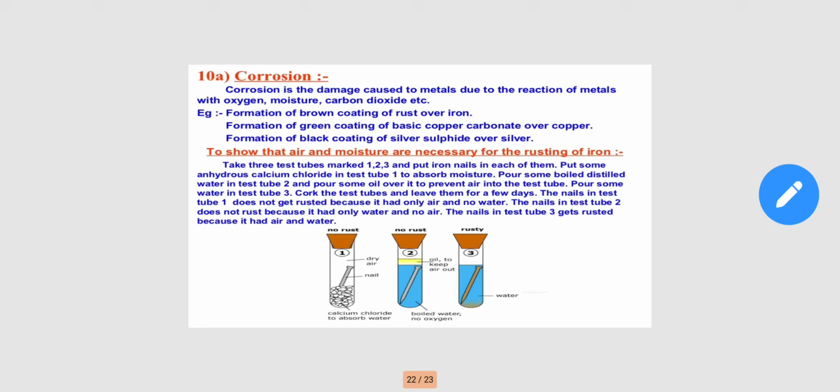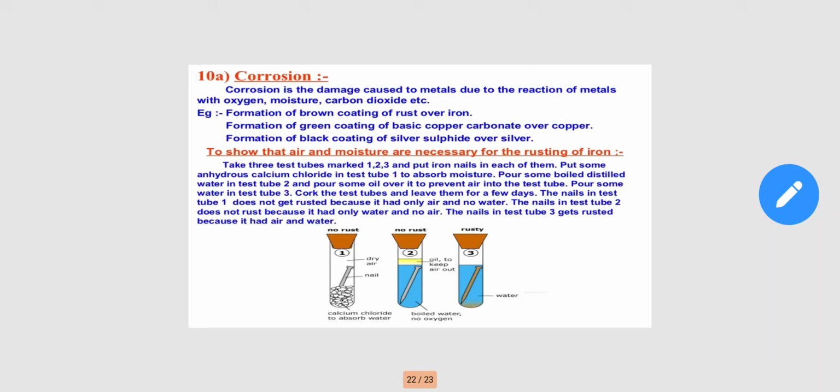Okay, we can remember metal uses: iron is used in construction and machinery, copper in electrical wires, aluminum in aircraft, and gold and silver in jewelry.